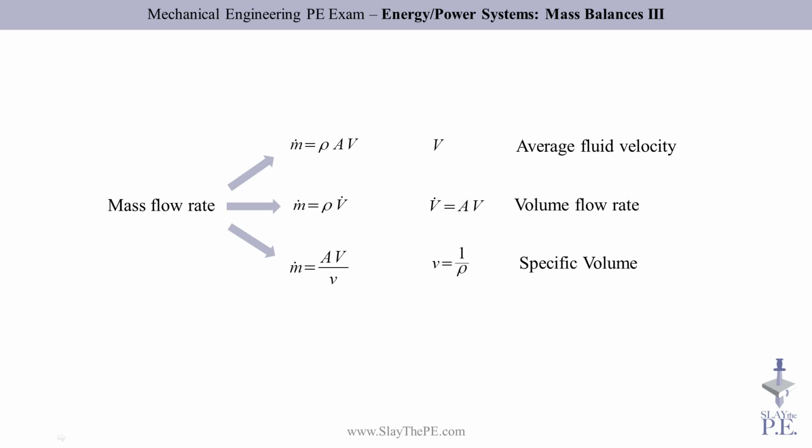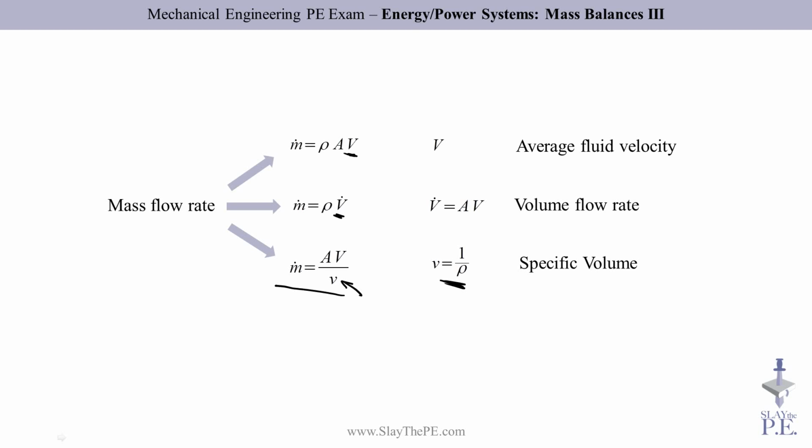As a review of what we learned in Mass Balances 1 and 2, we discussed the concept of mass flow rate and its relationship to the average fluid velocity through this equation, rho A V, its relationship to the volume flow rate V dot, and there's another way to write these equations, this third one here, using the specific volume v.